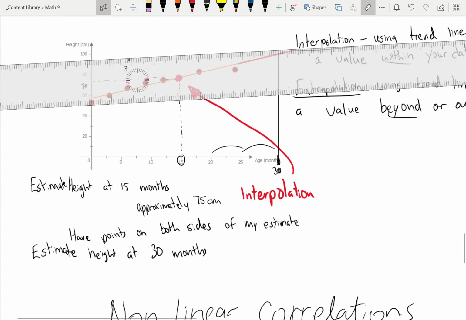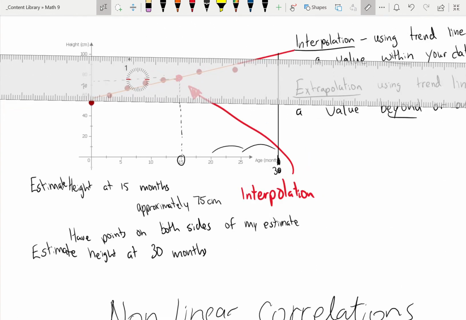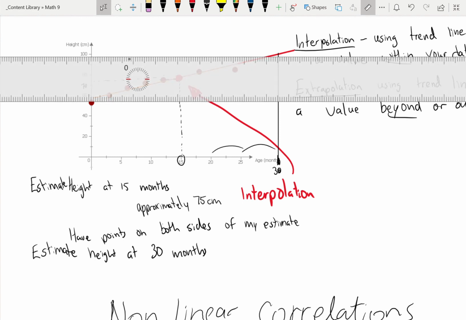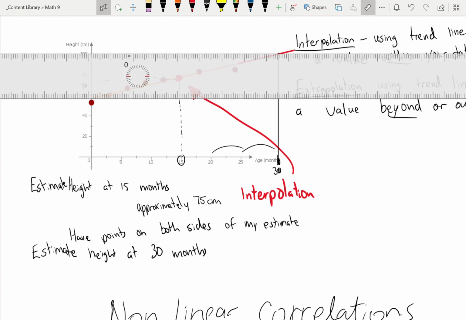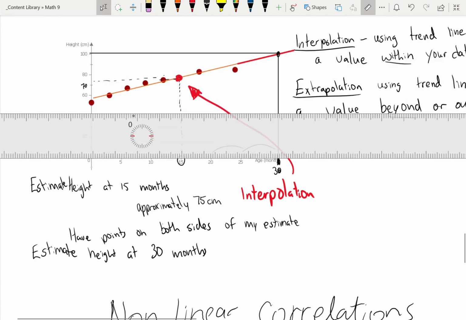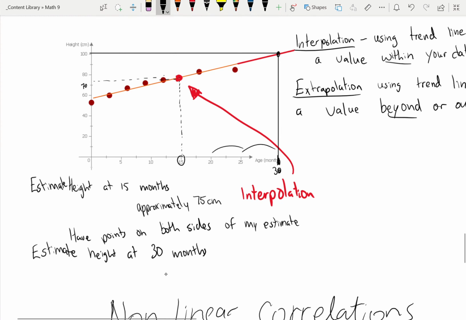And then going over, I'm using a ruler for this one. I am going to estimate, oh, I got really close to 100, so I'll say approximately 100 centimeters. This one is called extrapolation.